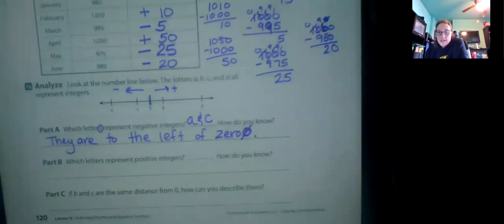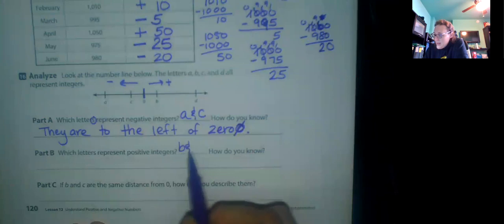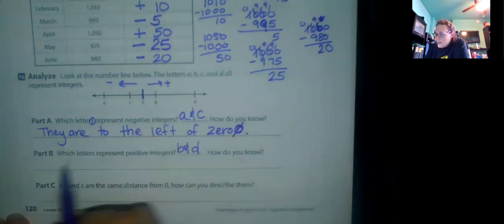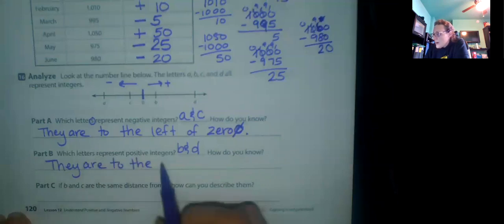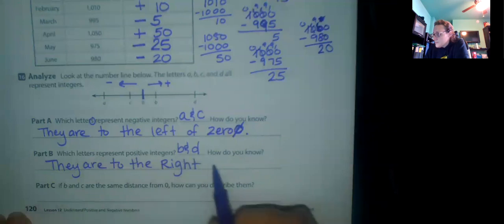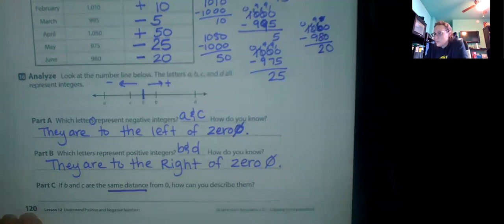Okay. Then it says which letters represent the positive integers. Well, again, we look at our number line. So that means B and D are positive because they are to the right of 0. That's how we know they're positive. If B and C are the same distance from 0, how can you describe them? Okay, so if they're the same distance, then remember we're talking about our opposites, right?